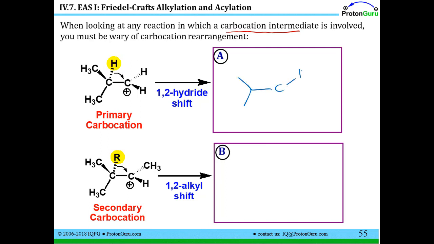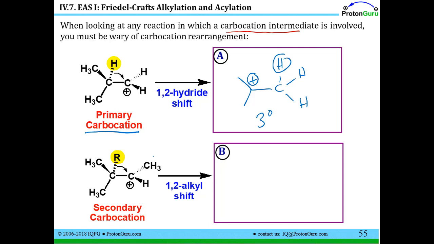We had 2 H's on the right-hand carbon, like this. We have now the third H, the H that had moved over, leaving the carbon on the left with a positive charge, going from a primary carbocation to a tertiary carbocation, very, very favorable. That would happen before the next step in the Friedel-Crafts reaction.